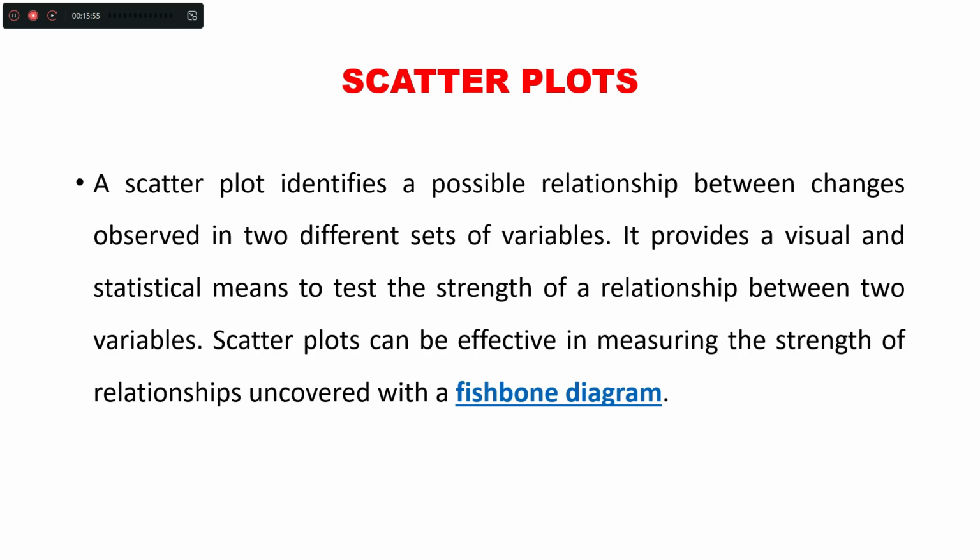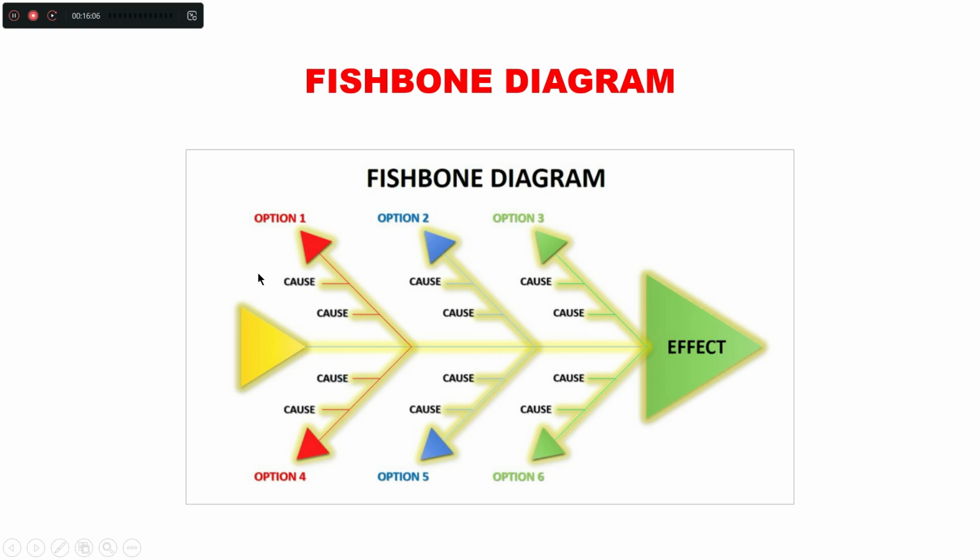And the effective way of representing the relationship in a scatter diagram can be drawn with a fishbone diagram. You can see the fishbone diagram. The relationship which we obtain after making a scatter plot can be presented in the way of the fishbone diagram, a cause and effect relationship. For explaining the cause and effect relationship, mostly we go for a fishbone diagram.